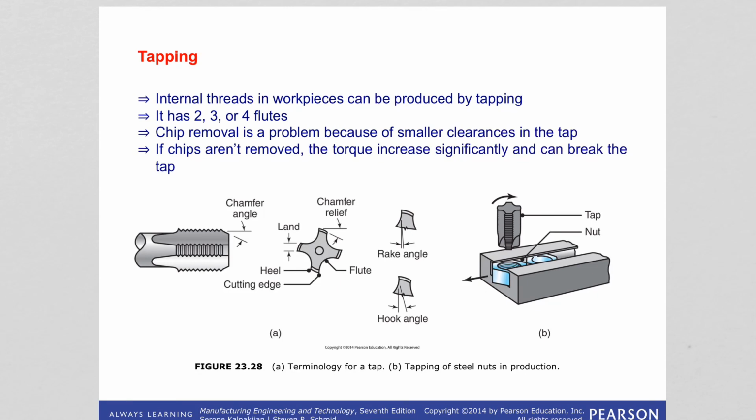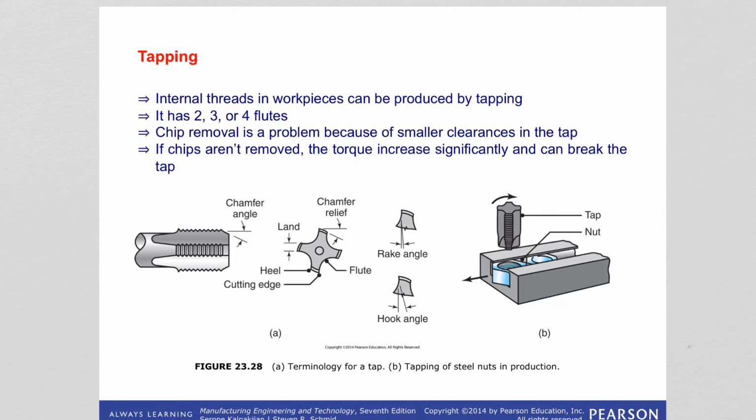And then there is tapping. Internal threads in a workpiece can be produced by tapping. Basically, a tap is a chip producing threading tool with multiple cutting teeth, as you are seeing in the images. It has 2, 3, 4 flutes.